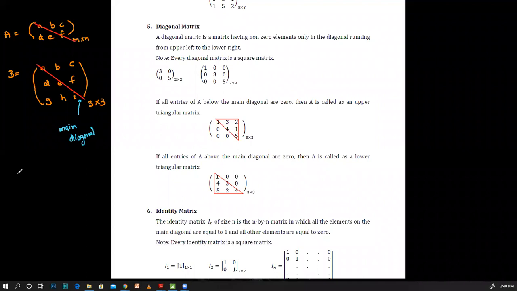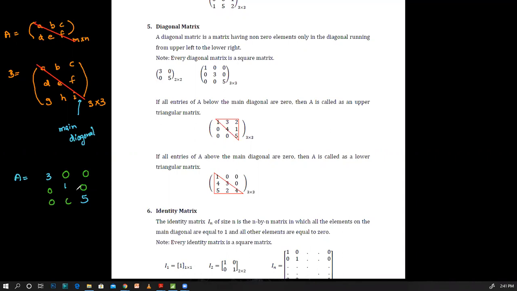Now suppose you are given a matrix in this form, and all the diagonal elements are non-zero values. Here it is 3, 1 and 5. Now suppose that the remaining elements of this matrix are equal to 0. Here 0, 0, 0, 0 and 0.